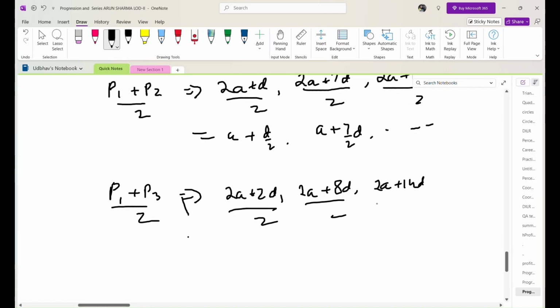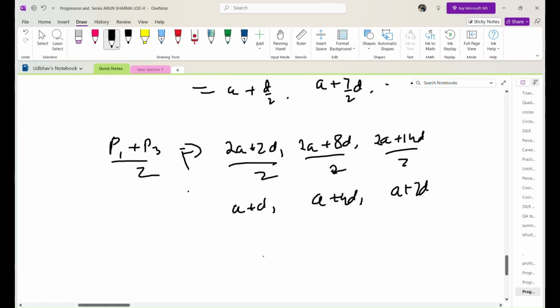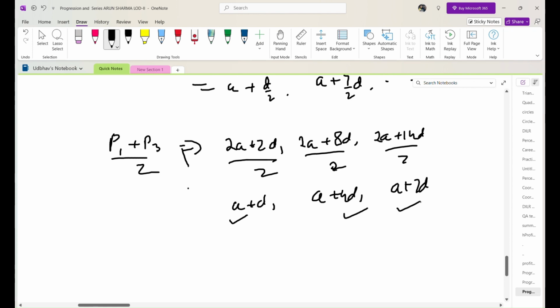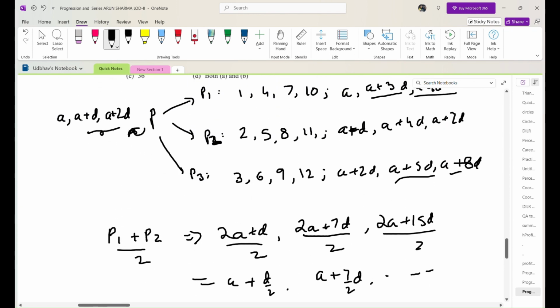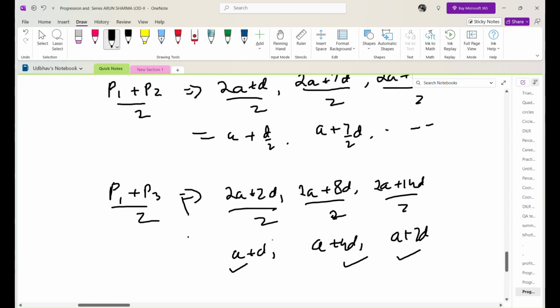Everything will be divided by 2: A plus D, A plus 4D, A plus 7D, and we can see that these are terms of P2.